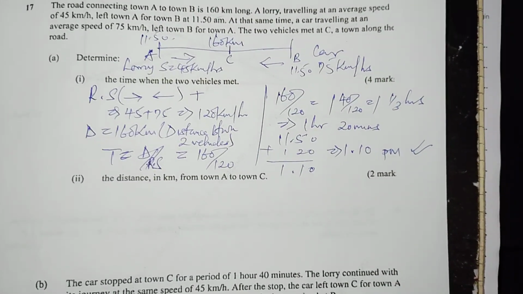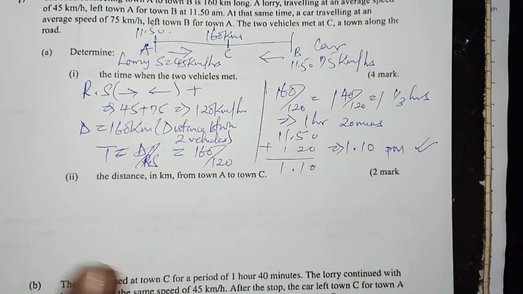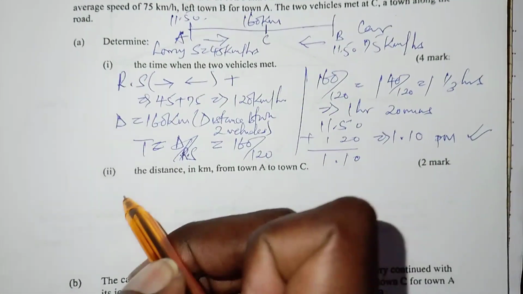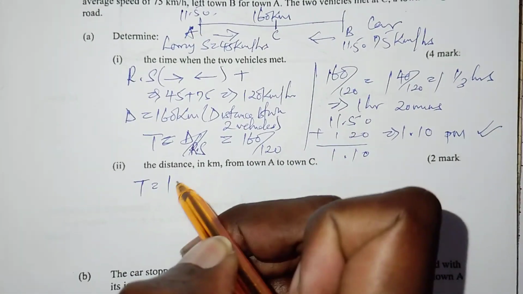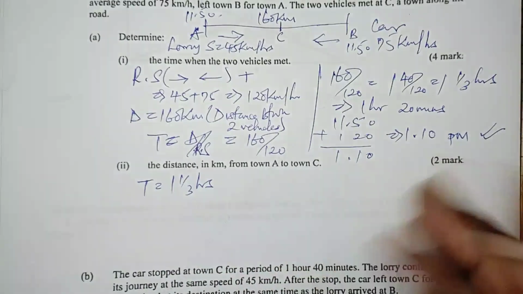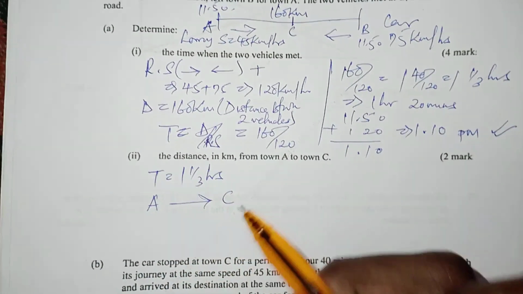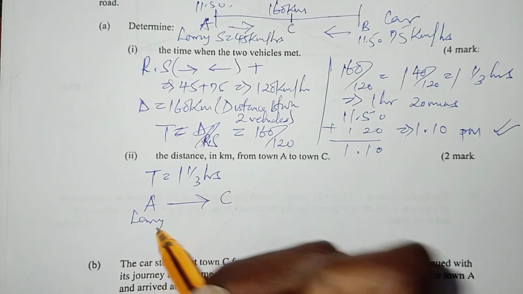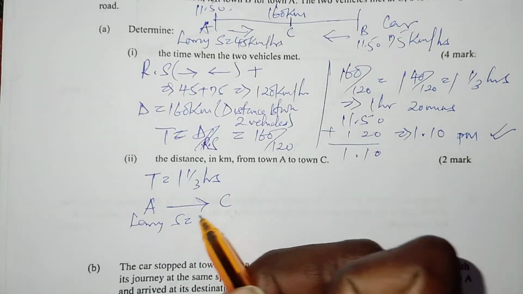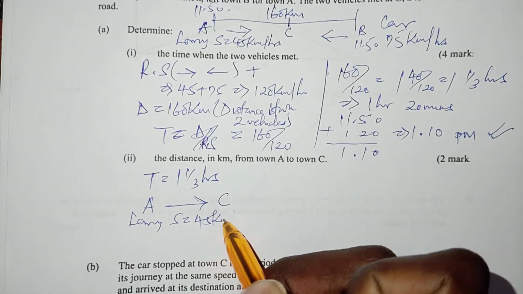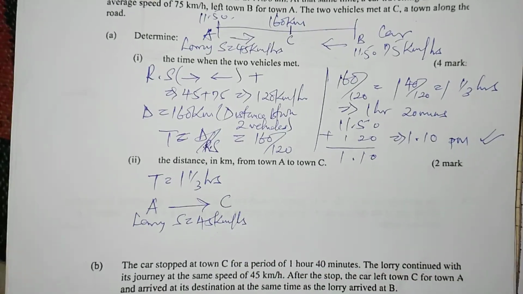Then the distance in kilometers from town A to C. So if it took 1 hour 20 minutes for them to meet, so from town A to town C, this was the lorry, and the lorry was traveling at a speed of 45 kilometers per hour.